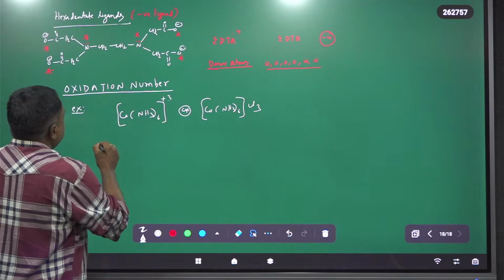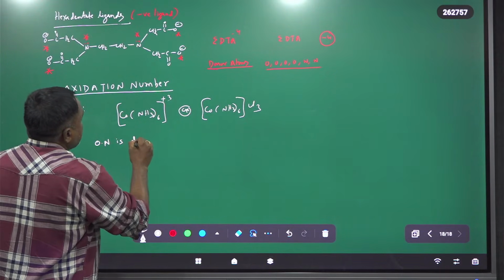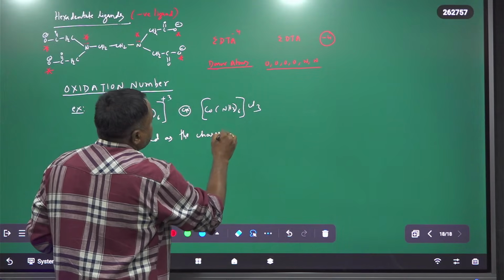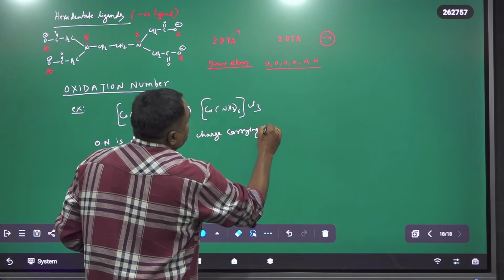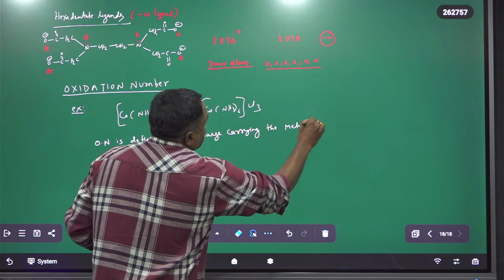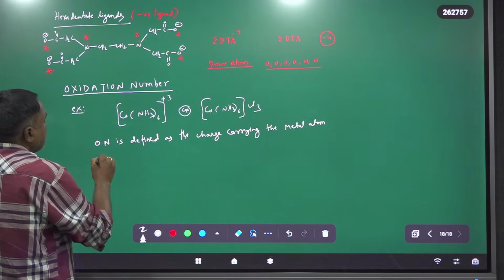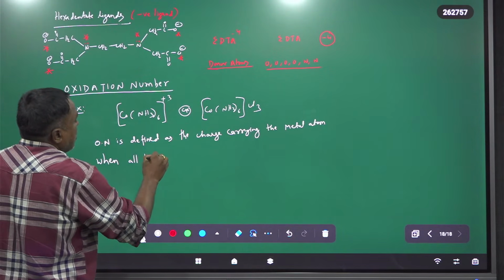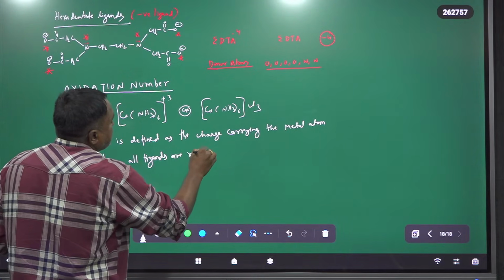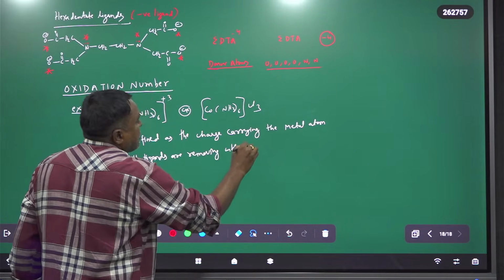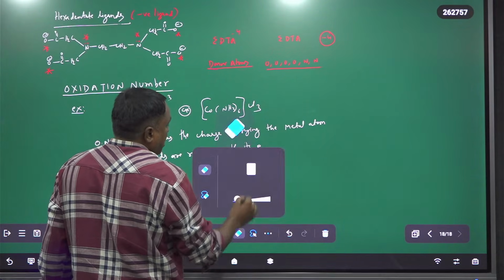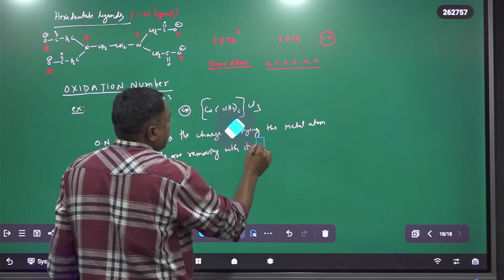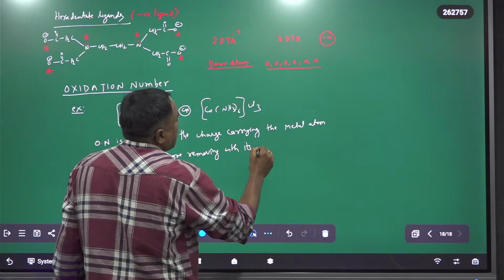So, oxidation number is defined as the charge carried by the metal atom when all ligands are removed with their electron pairs.